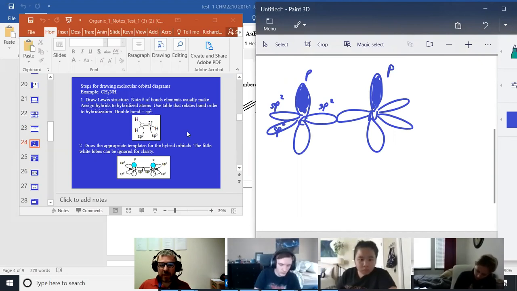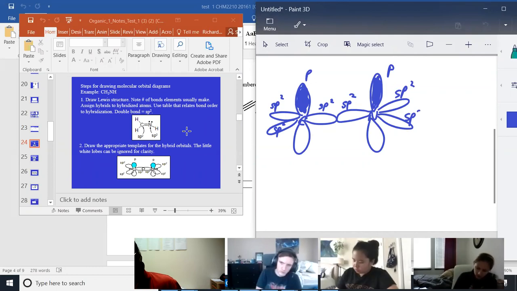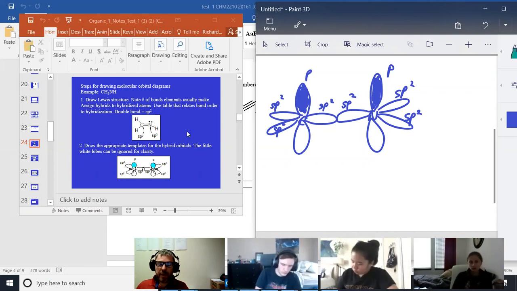I'm not really going to be that concerned if you don't shade or you do shade. But that's what we've got so far, is we've got 2 sp2 hybrids, a nitrogen and a carbon joined together. I know I haven't included what's going on with the hydrogens, but we'll get to that in a bit. Does anybody have any questions so far?